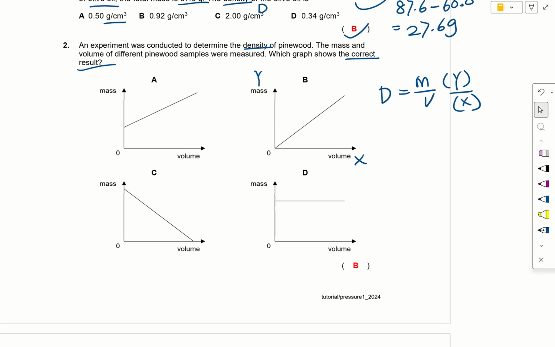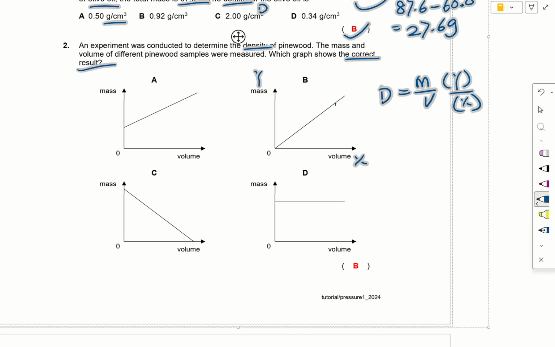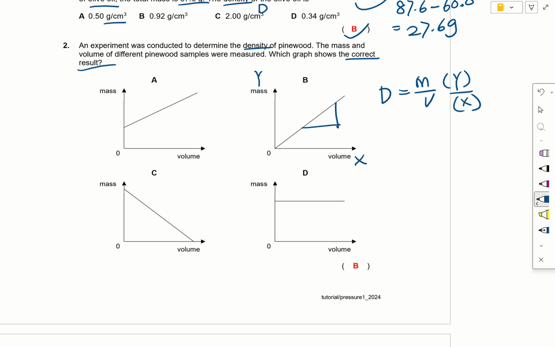So if I were to find the gradient, it will be the change in mass over change in volume. So basically the gradient of this mass versus volume graph is equal to the density.